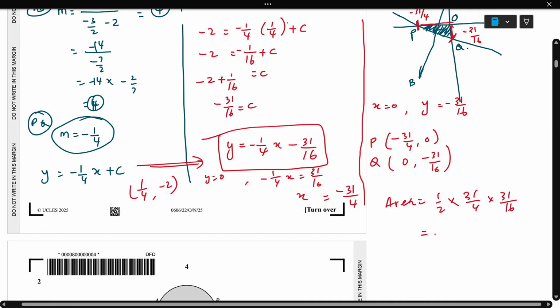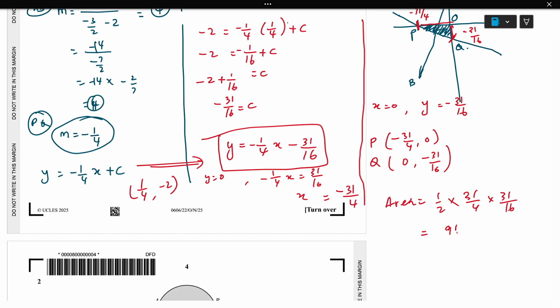The answer is 961 over 128. We can leave the answer as a fraction or as a decimal. As a decimal it is 7.5078, which to 3 significant figures is 7.51. That's the final answer. Either form is right.